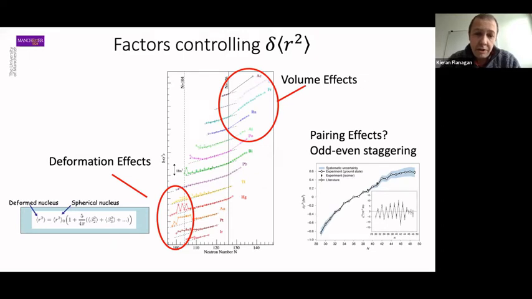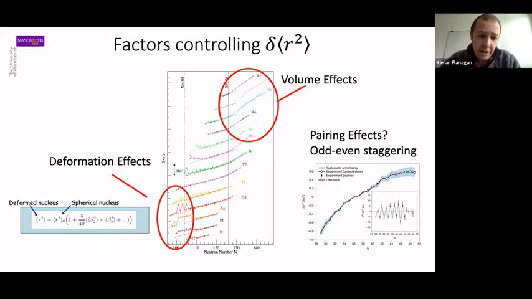Now, you can see this when we present all of the data. We can see the effect of increasing or changing volume across the isotope chains. I show the heaviest region I'll talk about today. We can see the influence of deformation changes in the neutron deficient mercury and gold and platinum regions.